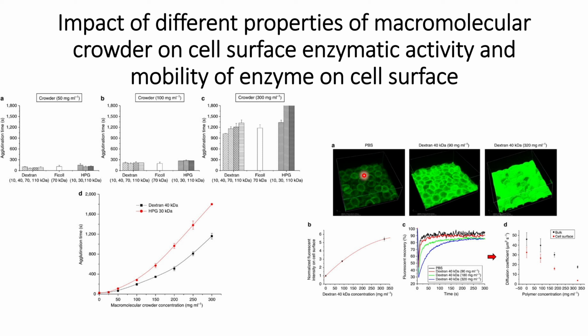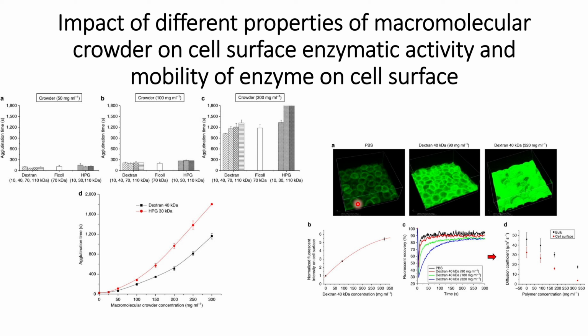Once they photo bleach, they again check the fluorescence, and if they see fluorescence, this could be because some of the enzymes, some of these macromolecular crowders, diffuse inside the layer that has been used, and those enzymes will give us this green fluorescence image.